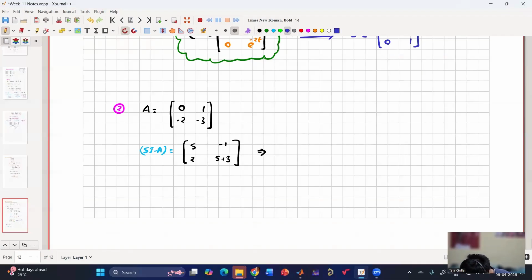Now let us calculate the determinant of sI minus A. It is s squared plus 3s plus 2, which I can write as (s plus 2) into (s plus 1).